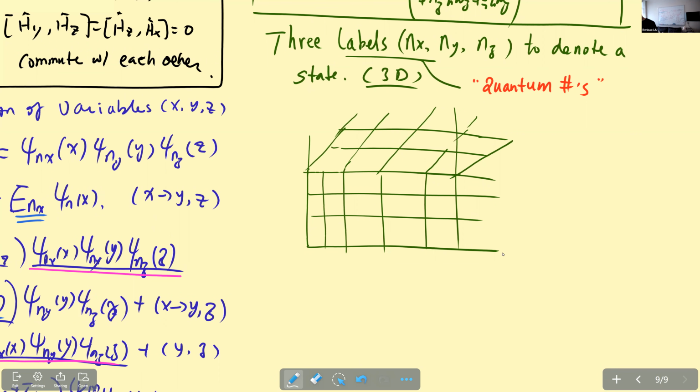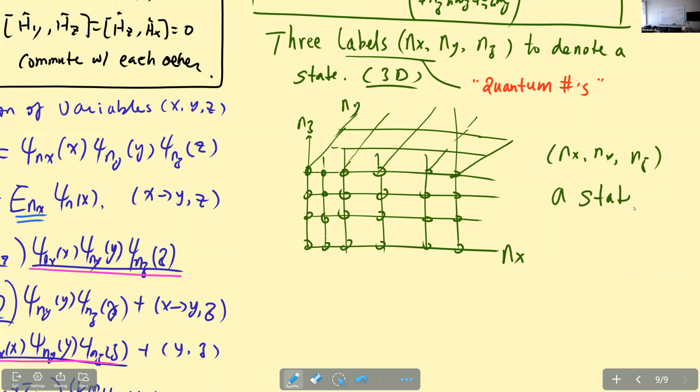So this is n_x, this is n_y, this is n_z. So you can see that at all of these lattice points, you have a state.